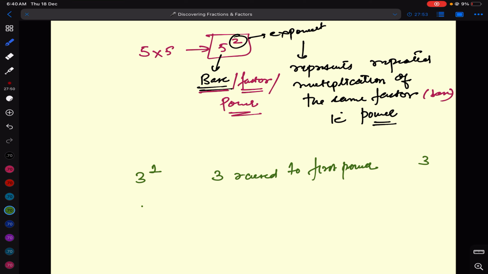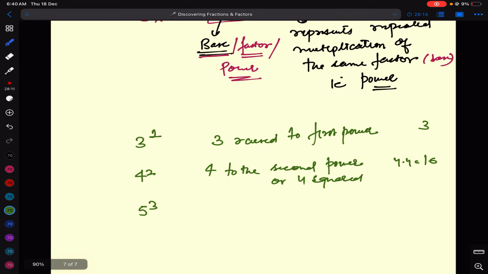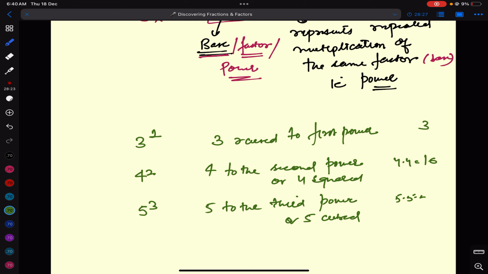The second one is 4 squared, which is 4 to the second power, and that is equal to 16, I mean 4 times 4, which is equal to 16. 5 cubed, 5 to the third power, so 5 times 5 times 5, which is equal to 125.